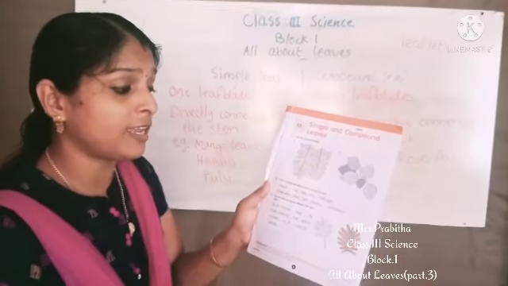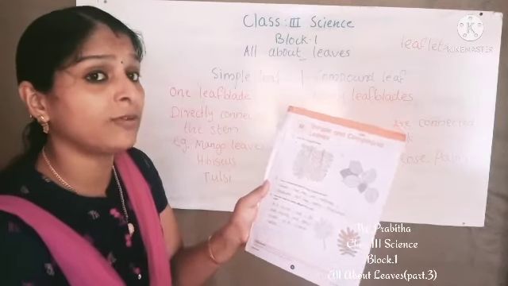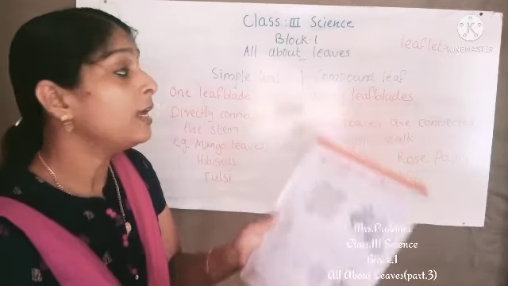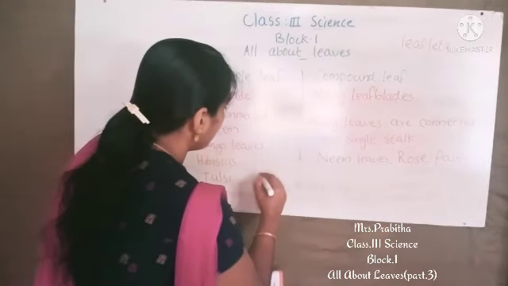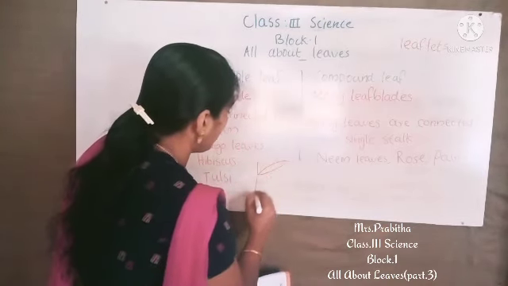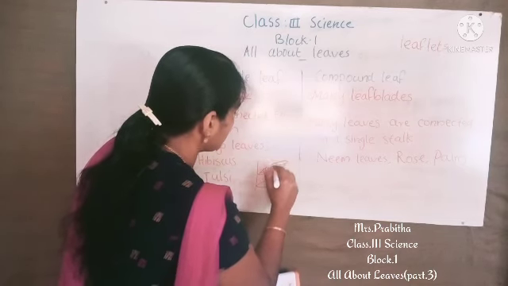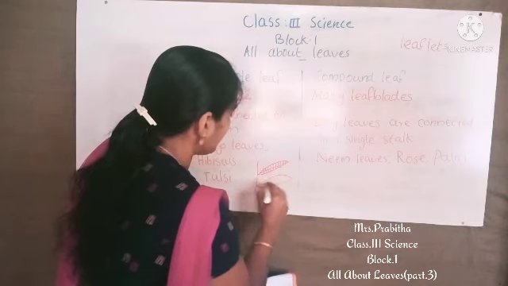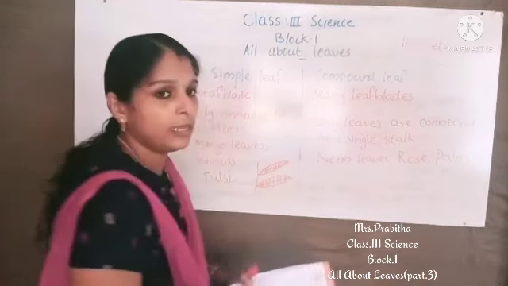That is the difference. In the second picture we can see each leaf is again divided into small leaflets, so we can see more leaves like this. These leaflets are again divided into small leaflets, right? So that is the difference between the two leaves.